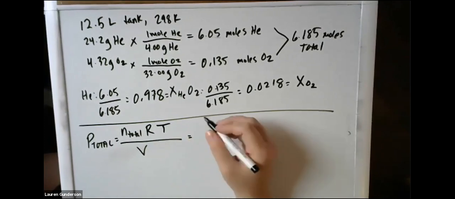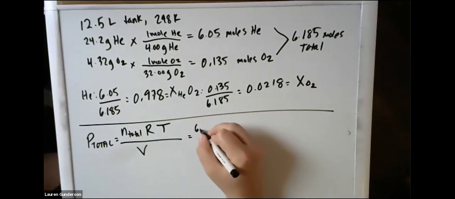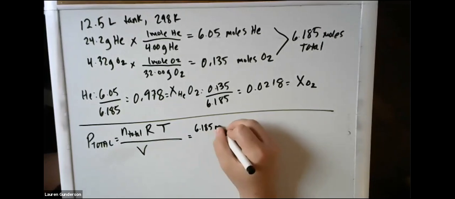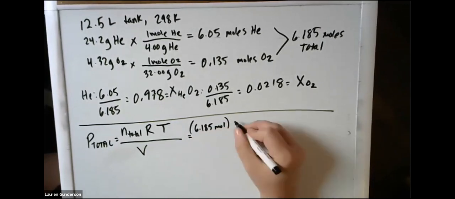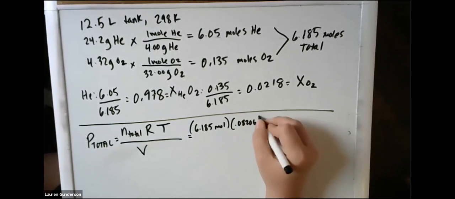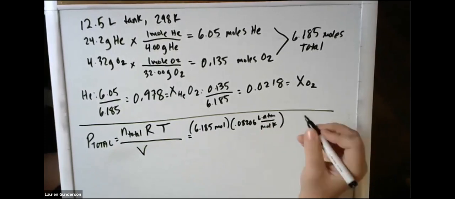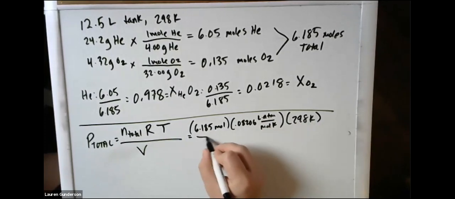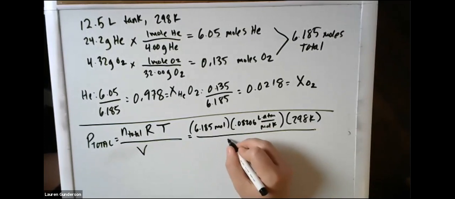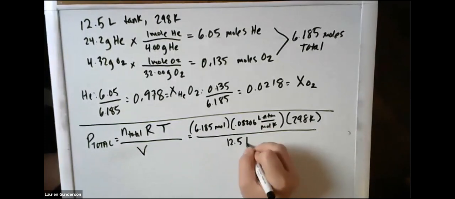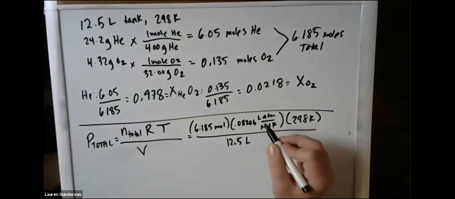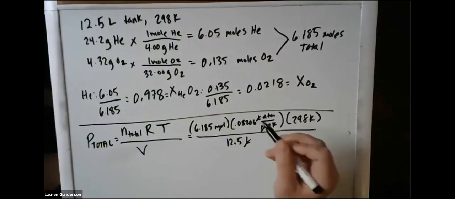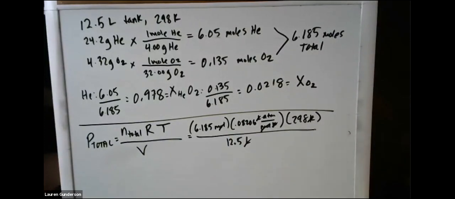Our total number of moles is 6.185, our gas constant, and our temperature is 298 Kelvin. We'll divide this by 12.5 liters. So you see all of this, we're getting rid of it.